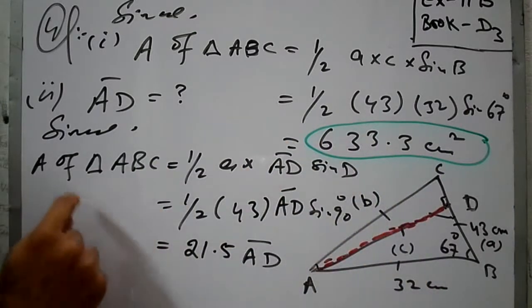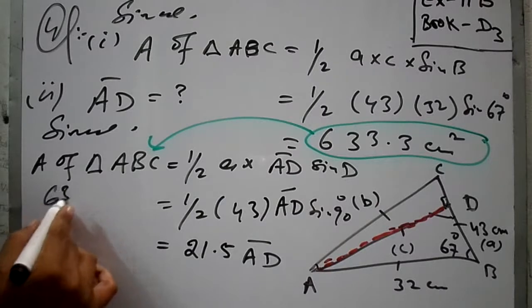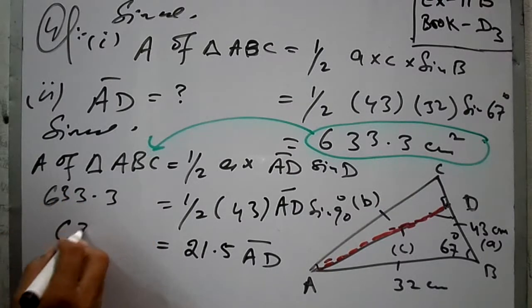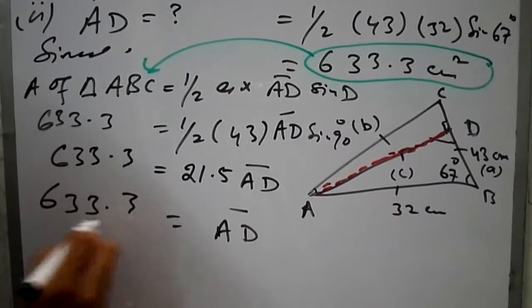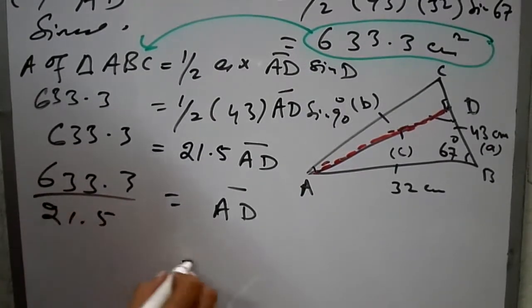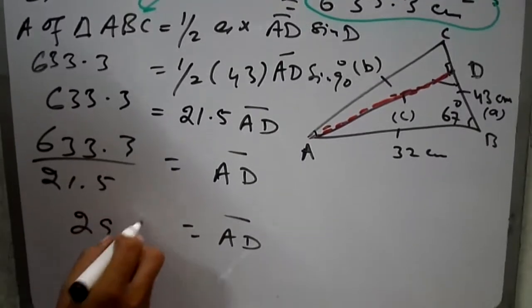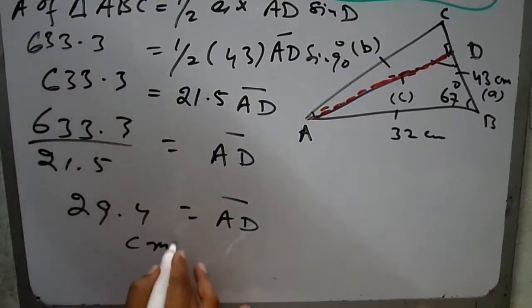We have to use here the value of triangle ABC, that is 633.3, but you need the value of AD, so dividing, the value of AD is 29.4 centimeters, so that is your result.